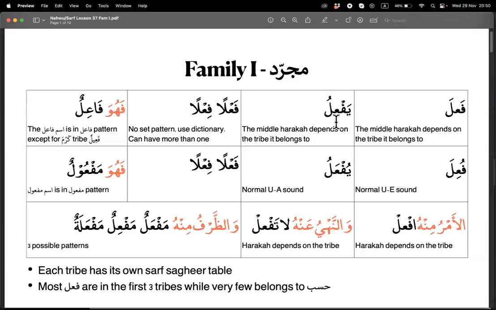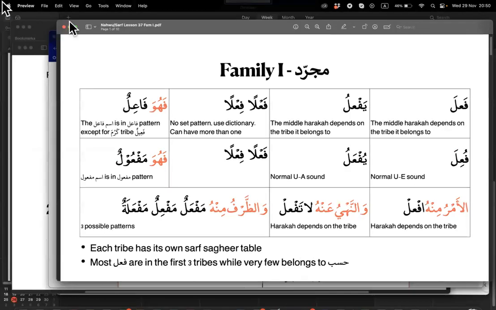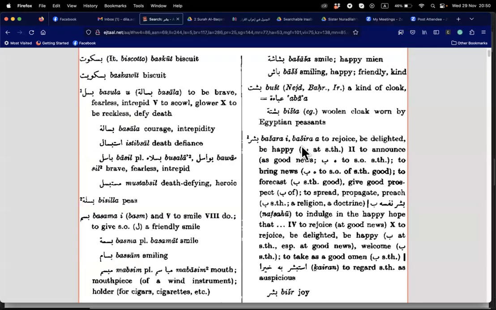So basharo yabshiru. But sometimes they have more than one pattern, so it can also be basharo yabsharu, where the fathah is marked. They will write the madi in full, but the next marking, the kasrah, fathah, or dhamma after it, is the mudhari.